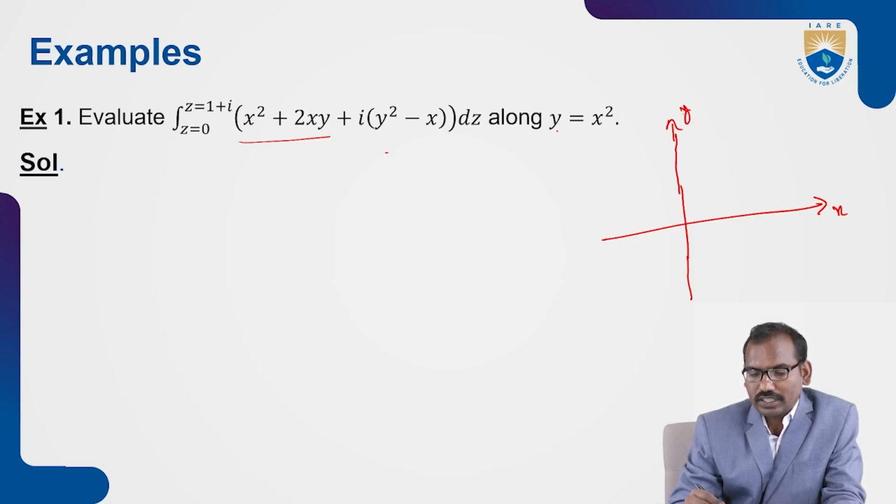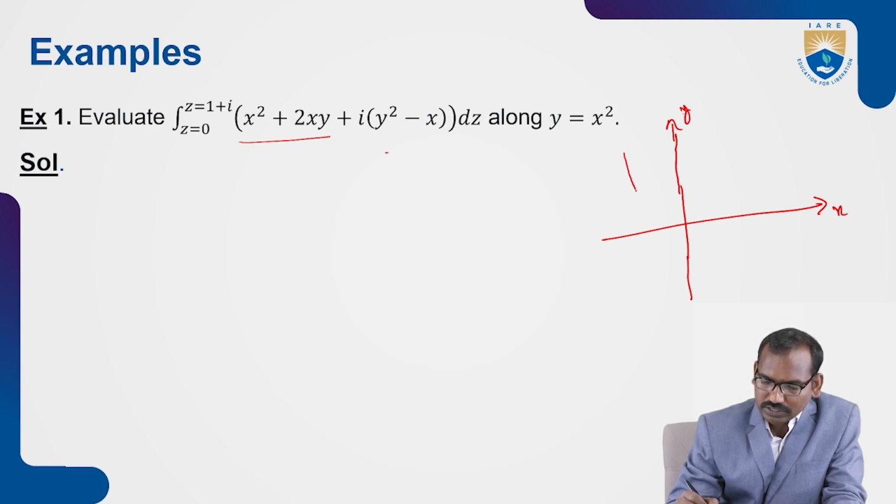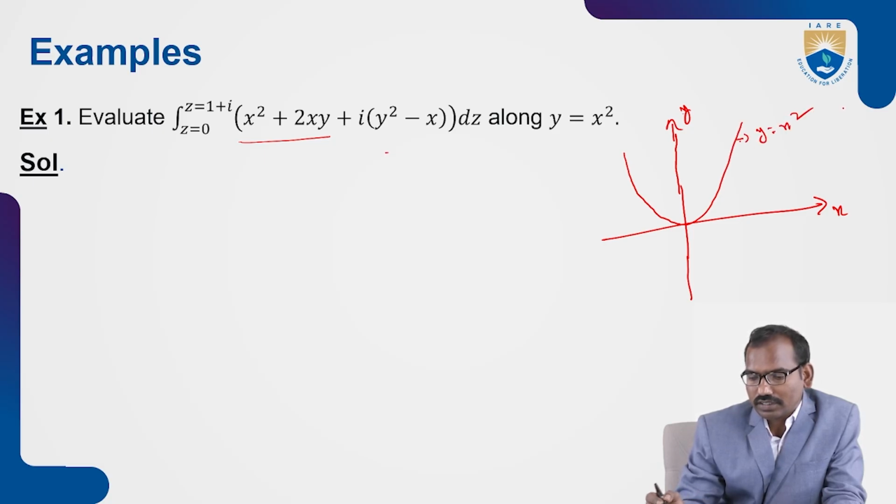So the relation between the real and imaginary parts is given: y is equal to x square. You know, y is equal to x square represents a parabola. So it is a parabola symmetric to which axis? Y axis. So this is y is equal to x square, in the complex plane, here you can assume it is a complex plane.